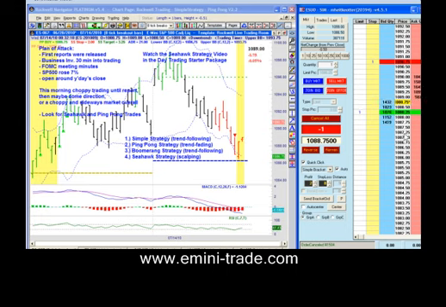Right now we are short one contract, so we will make money if the market is moving down, and we'll lose money if the market is moving up. We'll see what happens. We never know what happens. We're just trying to follow our trading plan here.